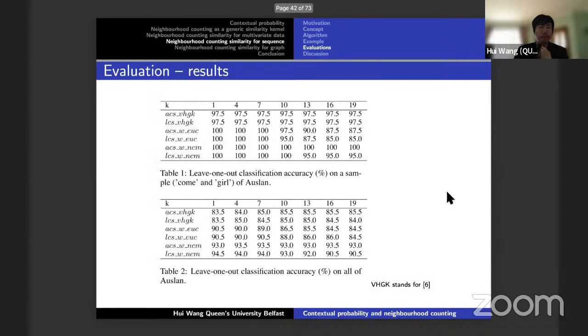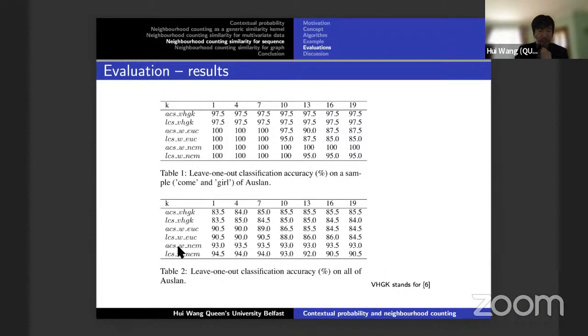Here is the result. If you compare the numbers, this line is the ACS plus the NCM, that is the neighborhood counting, and that gave us the best result.